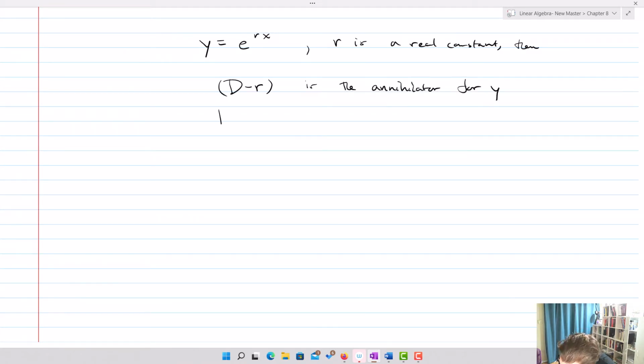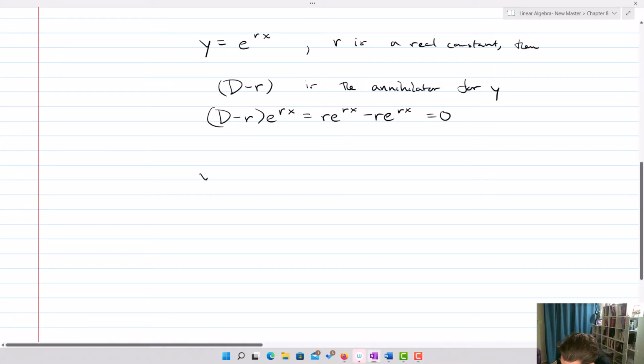And you can see this: if I take (D - r)e^(rx), that's going to equal re^(rx) minus re^(rx), and that equals 0. So that's the idea of how annihilators work. Annihilators work by basically going in and zeroing out a function, utilizing derivatives and essentially constants. So let's take a look at an example.